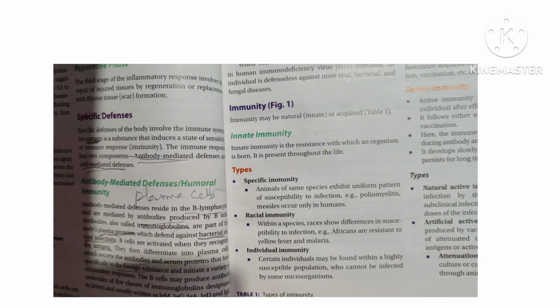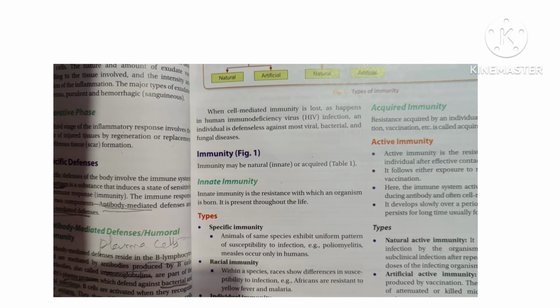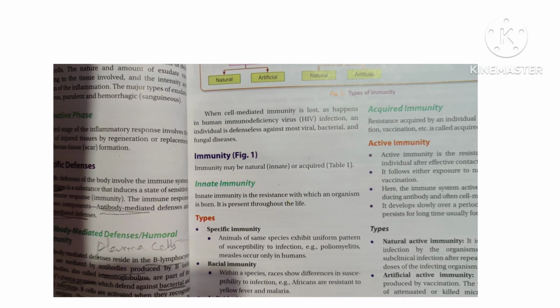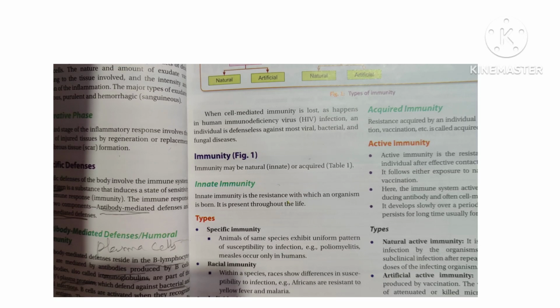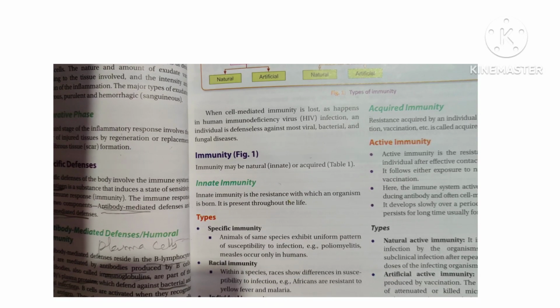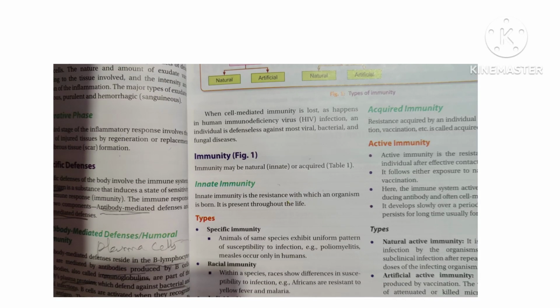Okay, so next is when cell mediated immunity is lost. When cell mediated immunity is lost, as happens in human immunodeficiency virus HIV infection, that is AIDS, an individual is defenseless against most viral, bacterial and fungal diseases. Cell mediated immunity is very, very important.